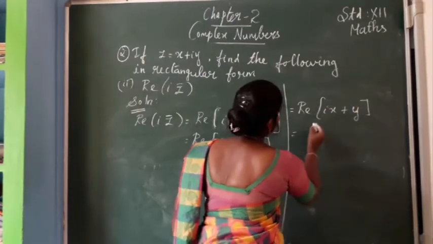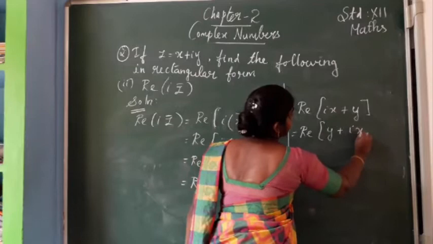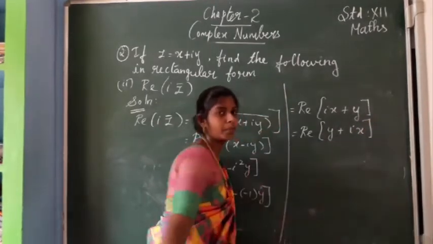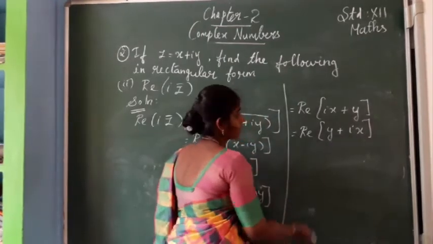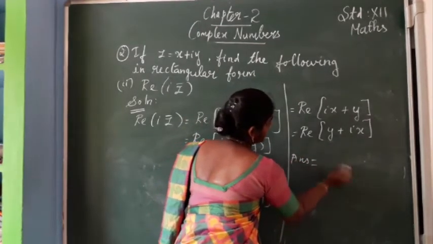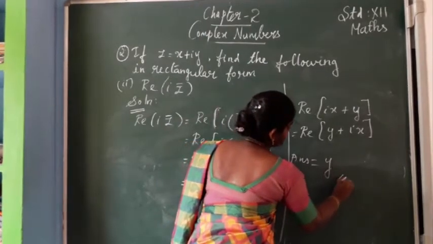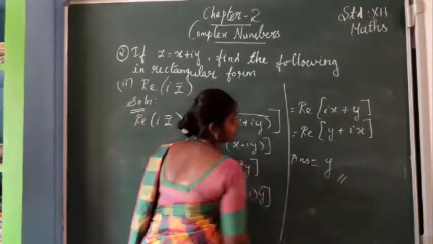That's equal to real part of y plus ix. Here y is the real part and x is the imaginary part. So what is the answer? Answer equal to y. In the question they asked the real part, so you have to write the real part.